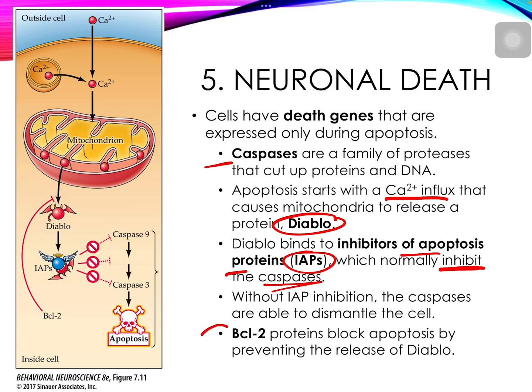Now, there is a protein, BCL2, which can block apoptosis from happening by preventing the release of Diablo, therefore allowing the IAPs to do their job to inhibit apoptosis by inhibiting the caspases from dismantling the cell. But let's talk about one of those factors and how it can actually lead to neuronal death.